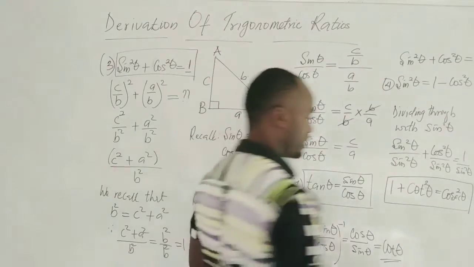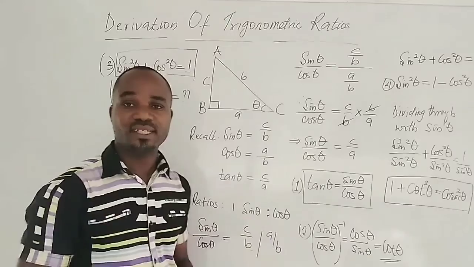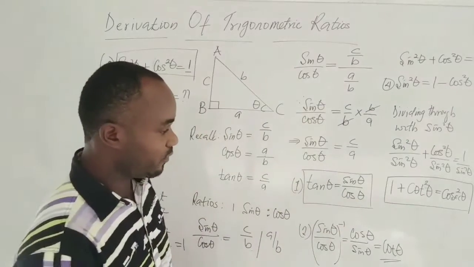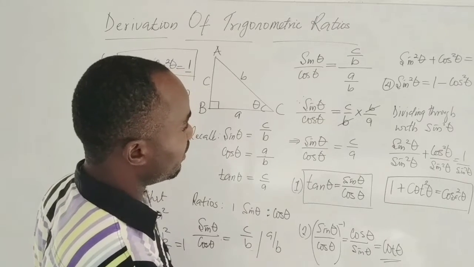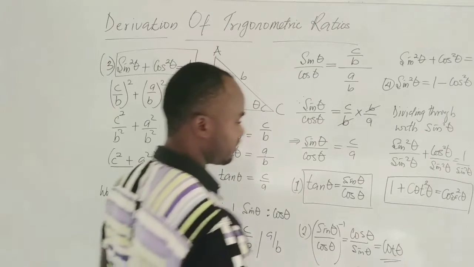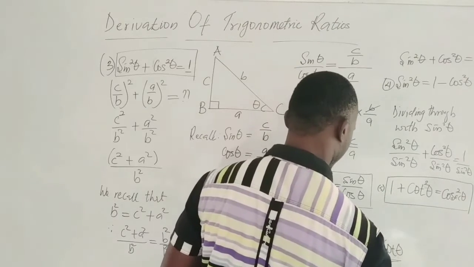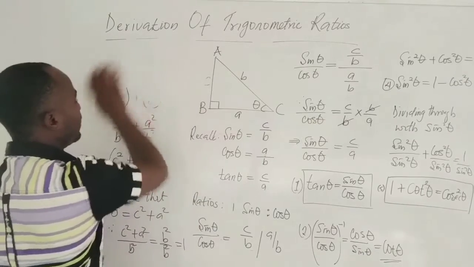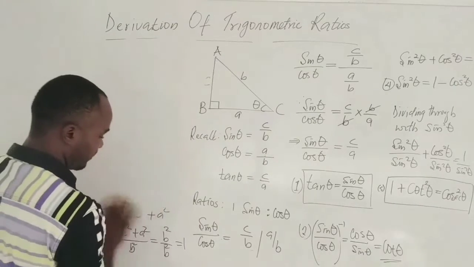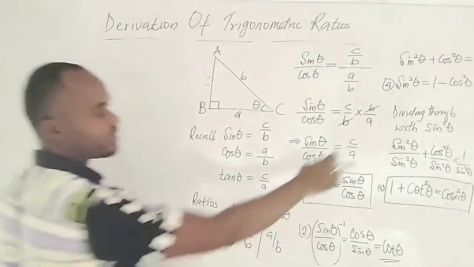Without wasting time, let's see how we can get relation number 6. Relation number 6, we are going to divide with cosine theta squared, because we have divided with sine theta squared.